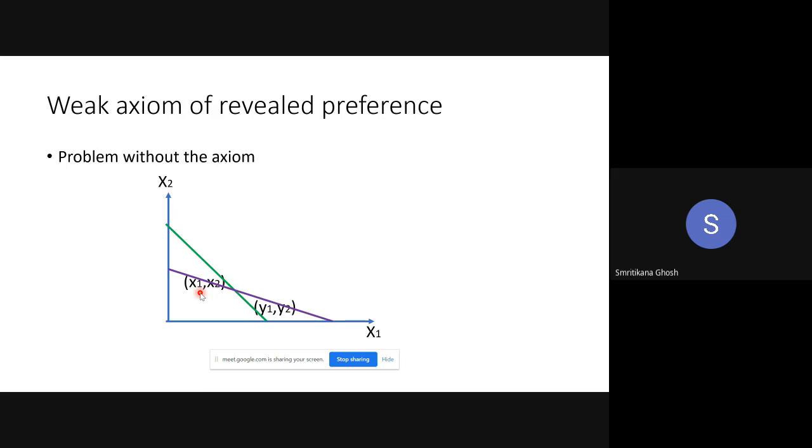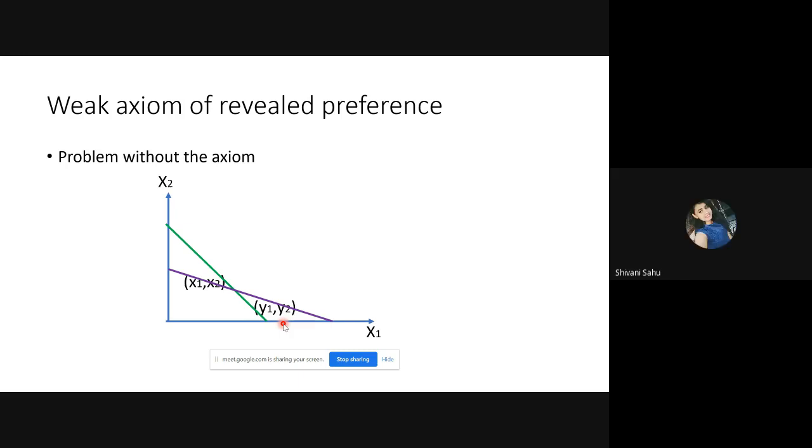Just to avoid the problem, we need the weak axiom. So what is the weak axiom? If x1, x2 is directly revealed preferred to y1, y2, then through the weak axiom, y1, y2 cannot be directly revealed preferred to x1, x2. Thus that problem is solved. Very simple, no?